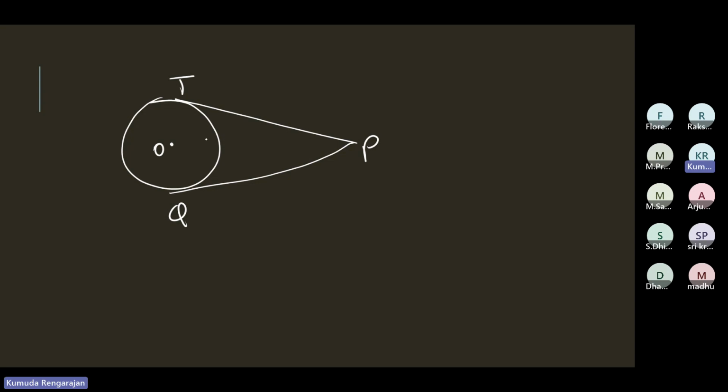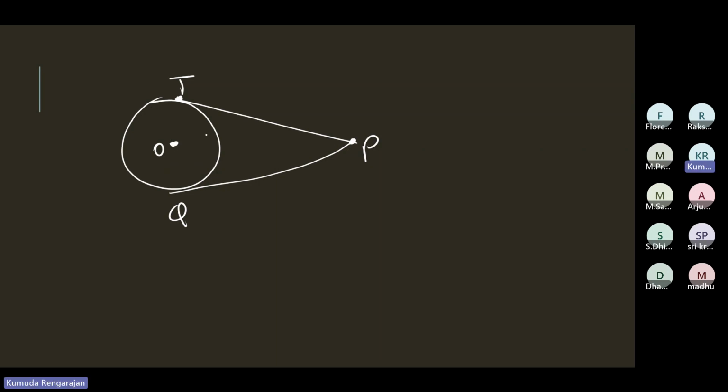For that, first mark off the ends of the tangent. P and T are the ends of the tangent. Now, where do you want it to subtend the angle? At the center. So mark off the three points. P and T are the endpoints of the tangent, and we are trying to represent the angle subtended by the tangent PT at the center.